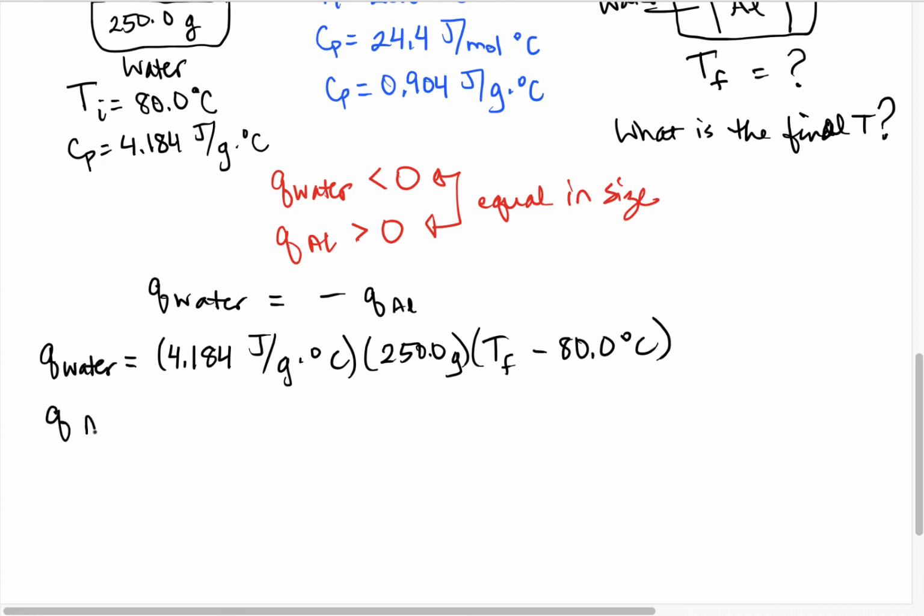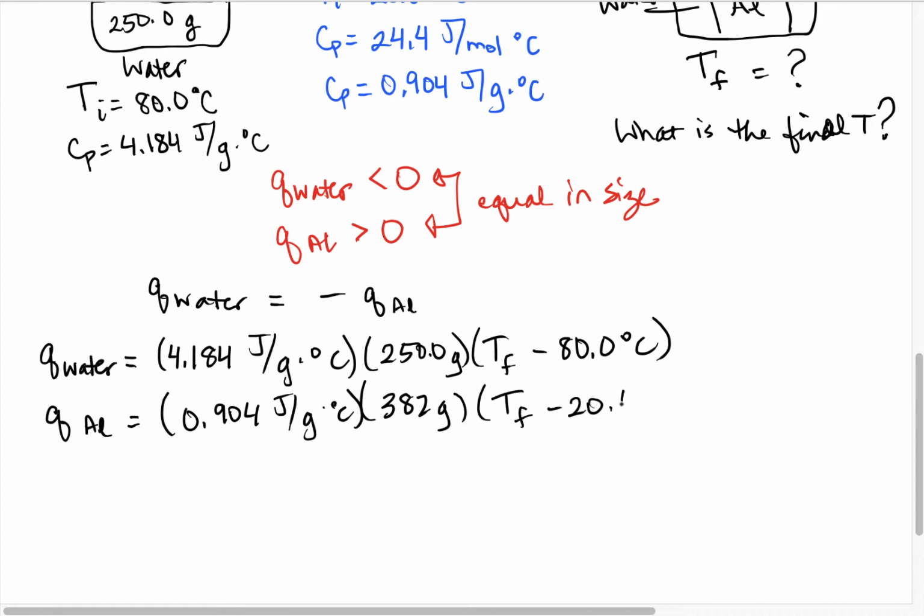And then the Q aluminum would be equal to 0.904 joule per gram degrees Celsius times 382 grams, and then T final minus T initial. And we said that its initial temperature was 20. So these two are the same number.